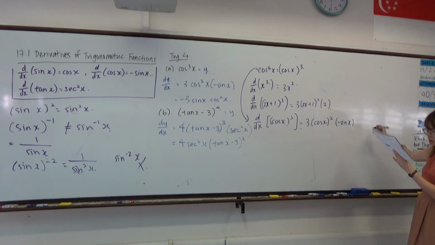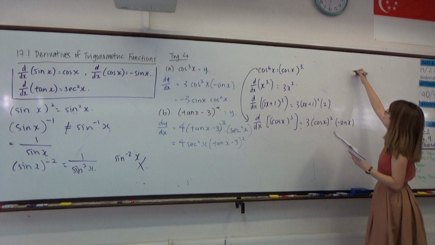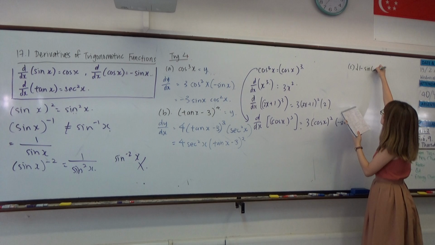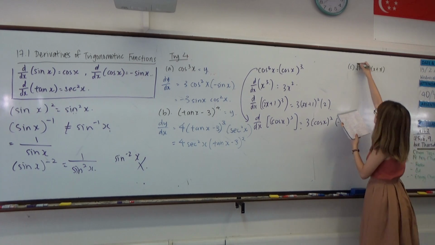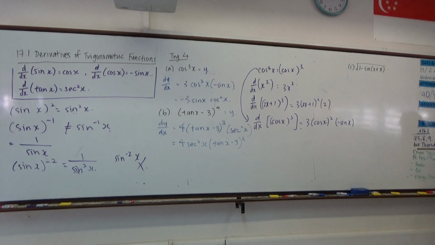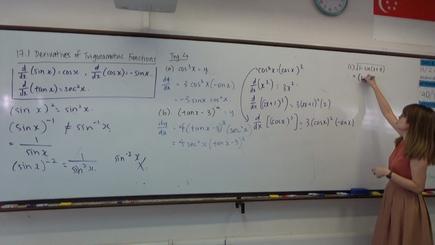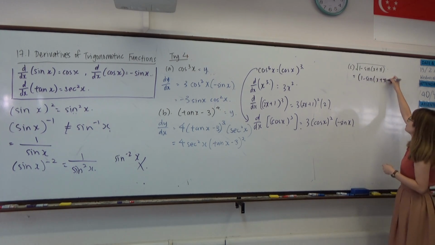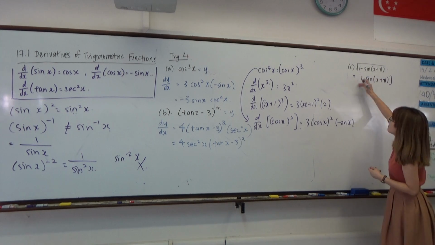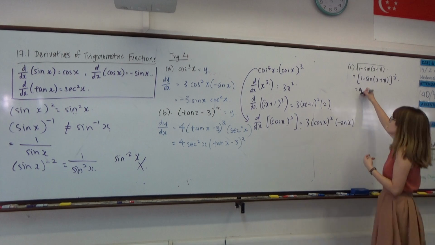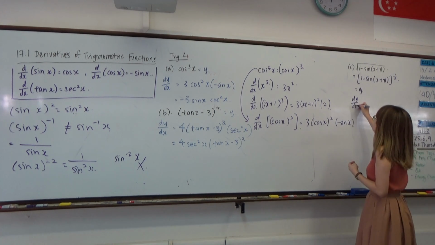One last question for the day, part C. Differentiate the square root of 1 minus sine bracket x plus pi. This is the same as 1 minus sine x plus pi to the power of half. Let this be y, so dy over dx.